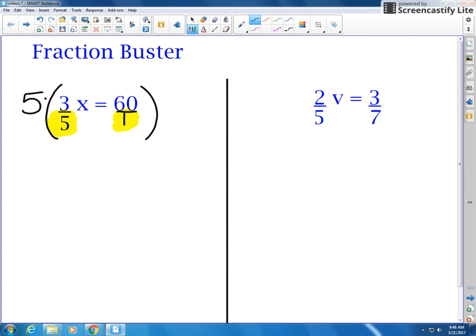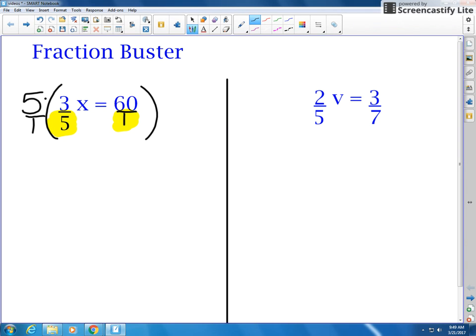Now, 3/5 x is really working together, so I'm not multiplying the 3/5 by 5 and the x by 5. I am just multiplying 3/5 x by 5. Sometimes people like to put it 5 over 1, just so that they can remember that you're only multiplying the numerator by 5, not the denominator. I'm not multiplying by 5 over 5.